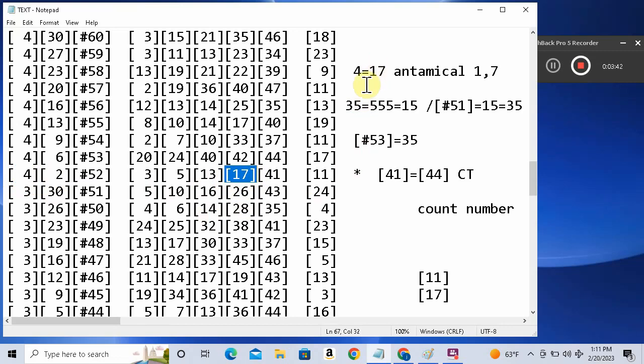Anatomical meaning that if you were to break this number down, in other words, look at that number right there. It looks like an upside down 4. And the reason why is because a 4 is made up of a 1, it goes vertically up and down, right? And an upside down 7. Like there's your upside down 7, see? So basically it's an anatomical sequence, and you can see that the beginning of this particular month, right, sequenced over here, because that's 4, and it created an anatomical 4. You see that?